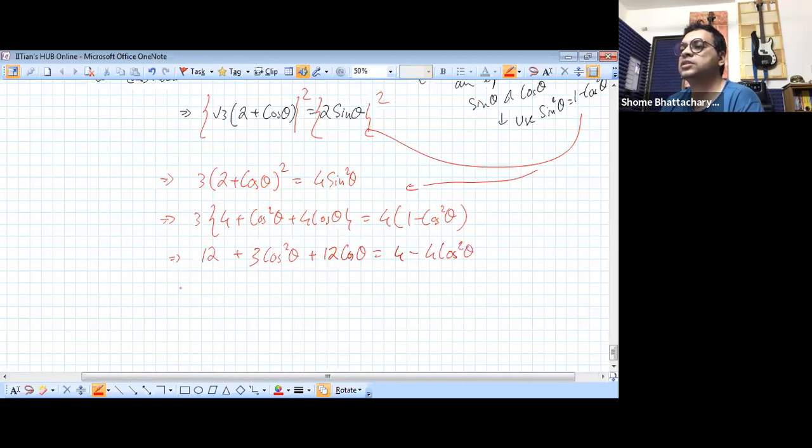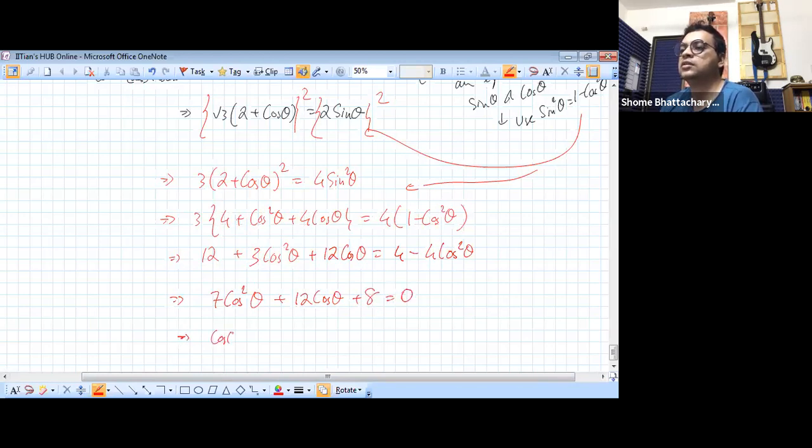Bring these terms to this side. So we have 7 cos square theta plus 12 cos theta plus 8 is equal to 0.